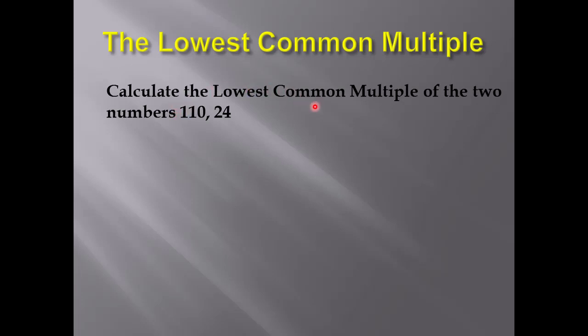Also, we can use factorization to get the lowest common multiple. For example, of the two numbers 110 and 24, we want to factorize the two numbers as usual. 110 is an even number, so we can divide it by 2. 11 divided by 2 equals 5 and 1 remained. 10 divided by 2 equals 5, so 55. 55 is not an even number, it's an odd number.